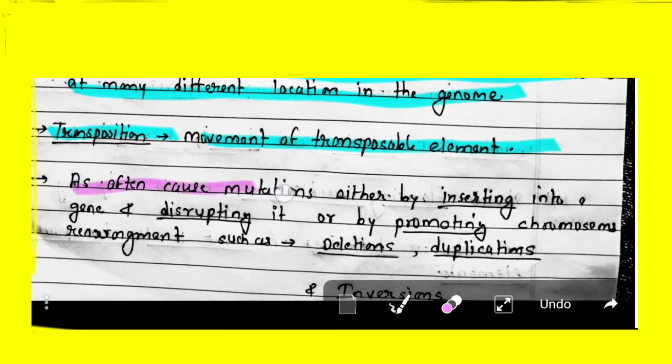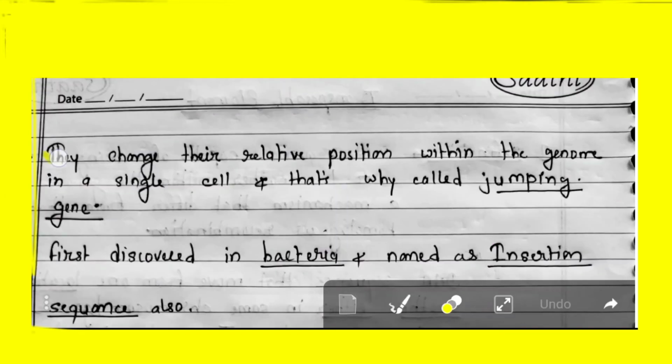They often cause mutation either by inserting into a gene, disrupting it, or promoting chromosome rearrangement such as deletion, duplication, inversion, etc. They change their relative position within the genome in a single cell, and that is why they are called jumping genes.